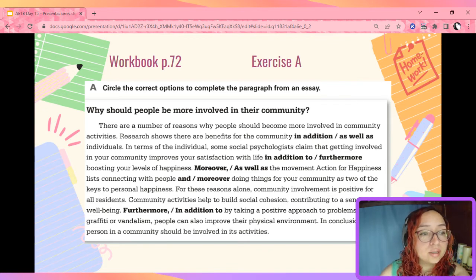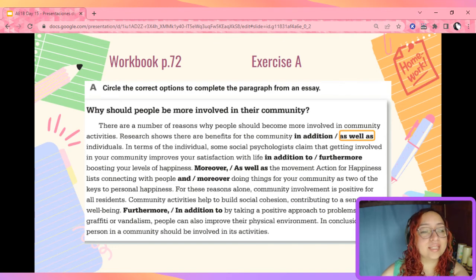Research shows there are benefits for the community, individuals. Should we use in addition or as well as? That's right, we should use as well as. Remember that in addition, we use it when we have ideas in different sentences. Now pause the video and work on the rest, please.